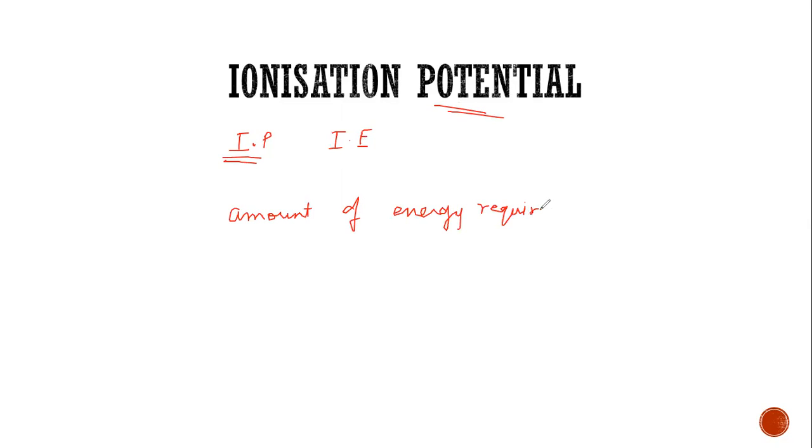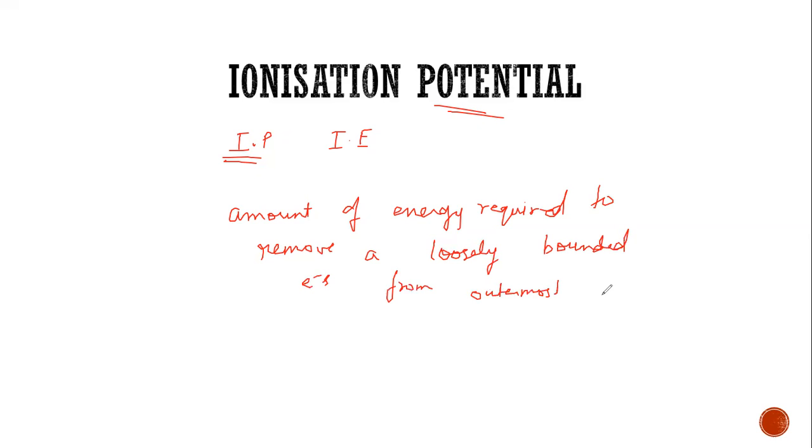So ionization potential basically means the amount of energy required to remove a loosely bounded electron from the outermost shell. For example, sodium has the electronic configuration 2,8,1.